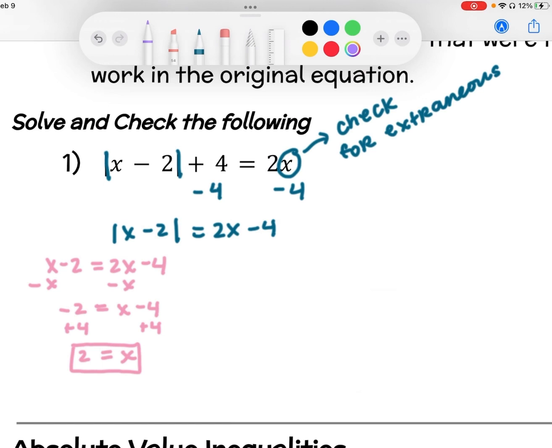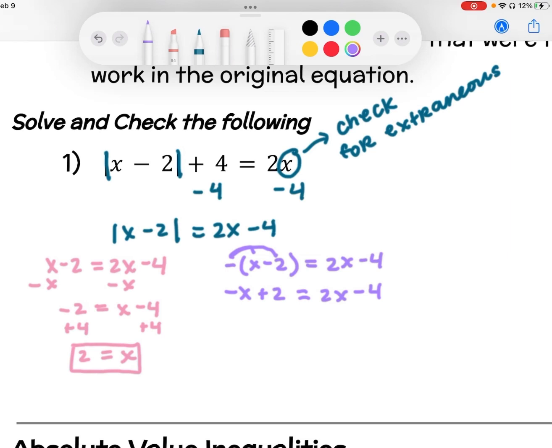So I'm going to make my negative case purple. Now we need one extra step where we put a negative outside of what's underneath our absolute value bars, and the right side stays the same. All right, so we distribute that negative in, so that makes it negative x plus 2 equals 2x minus 4.